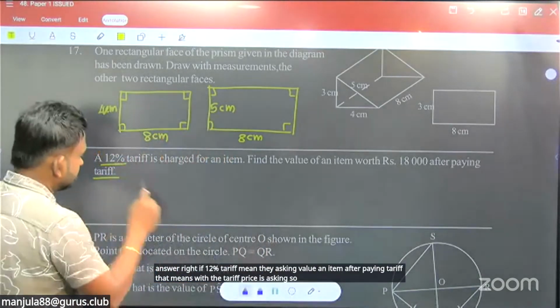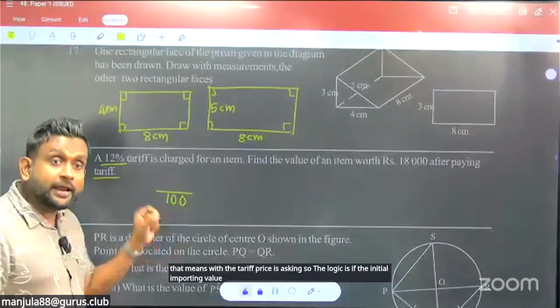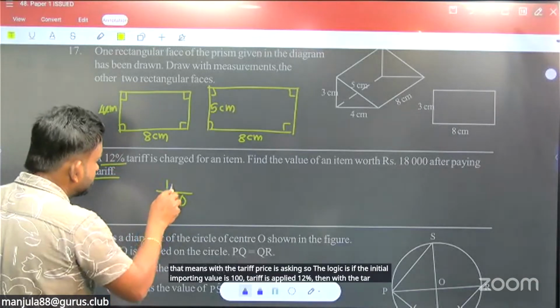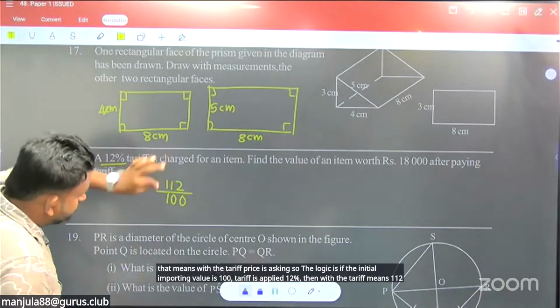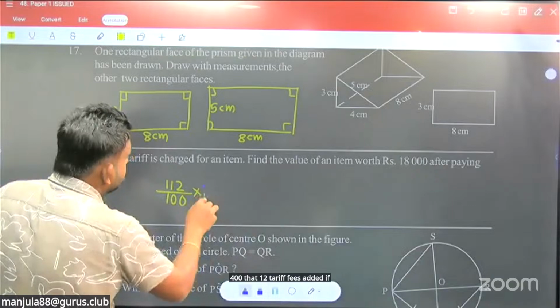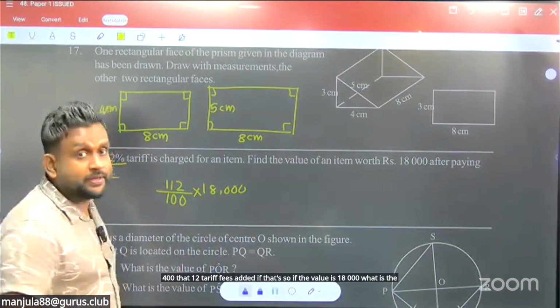So the logic is if the initial importing value is 100 and tariff is applied 12%, then with the tariff it means 112. That 12 tariff is added. If that's so, if the value is 18,000, what is the price after paying the tariff?